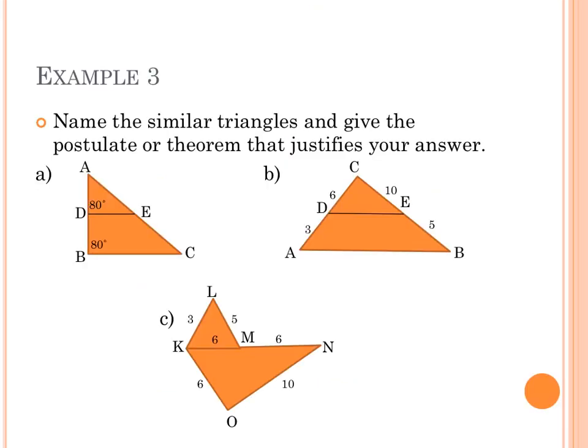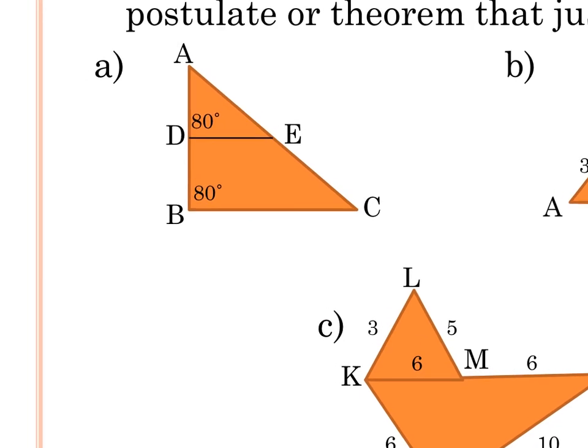So now it's asking us to name the similar triangles and give the postulate or theorem that justifies your answer. Good, angle, angle. They both share angle A, and they both have 80 degrees. So this would be the angle angle similarity postulate. So these are yes.